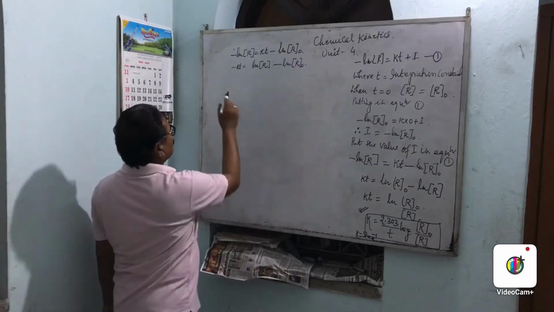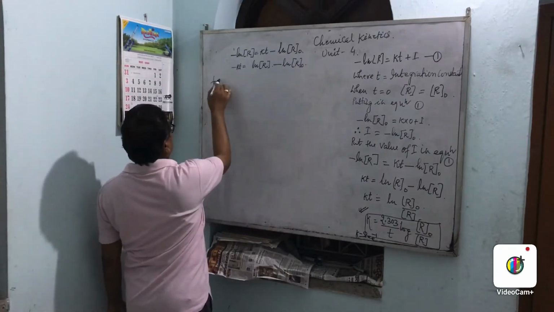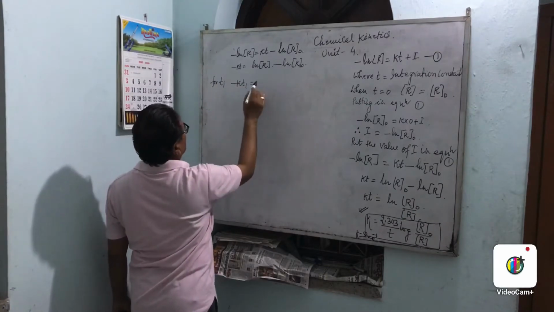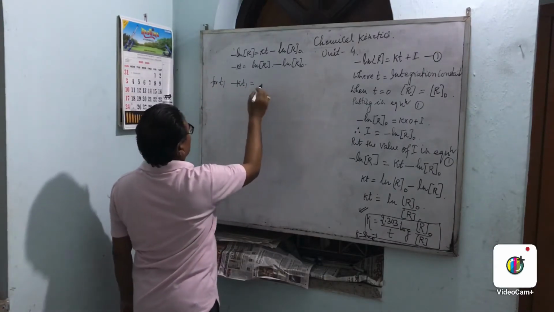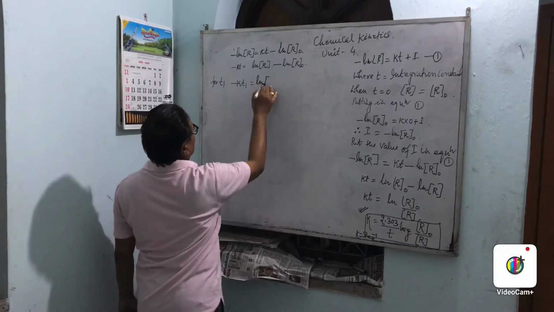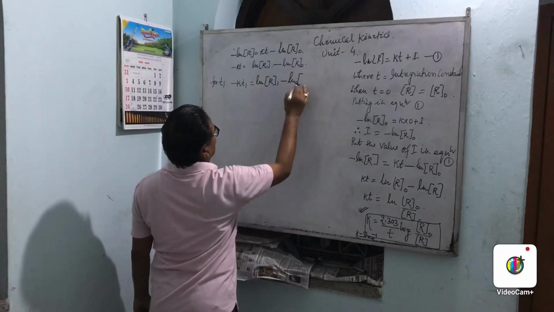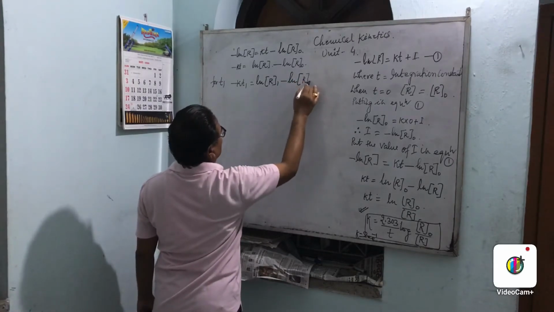For t1 second, minus kt1 is equal to ln R1 minus ln R naught.